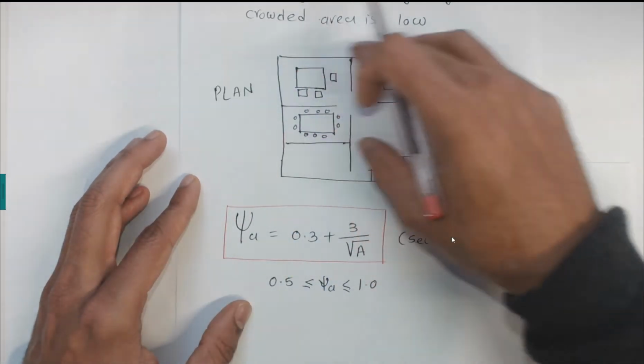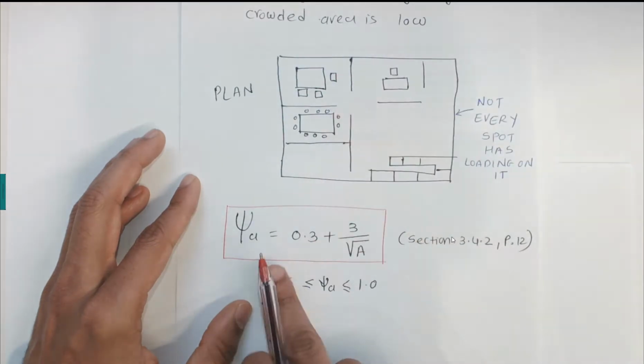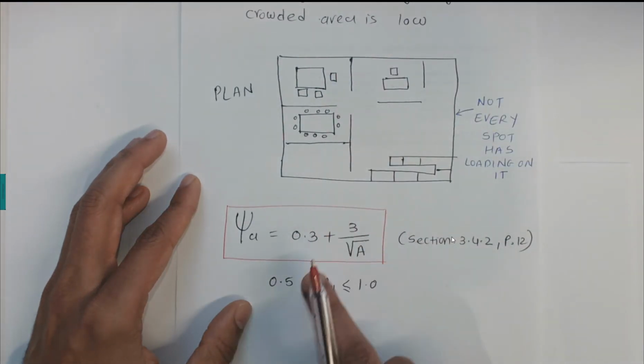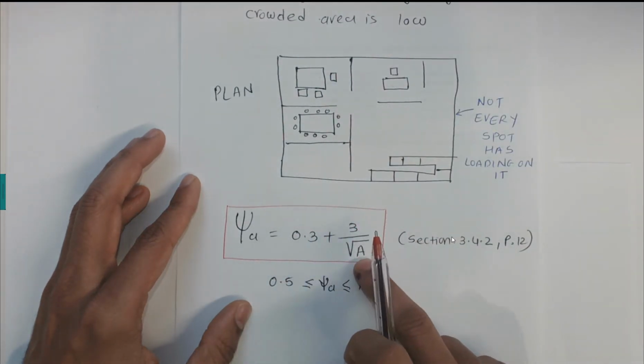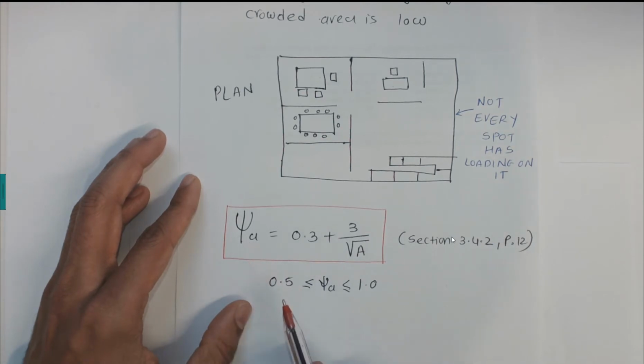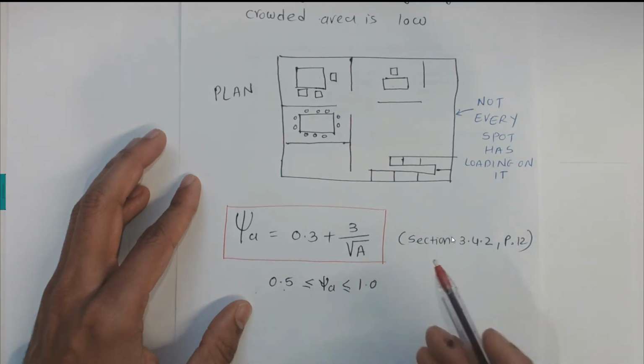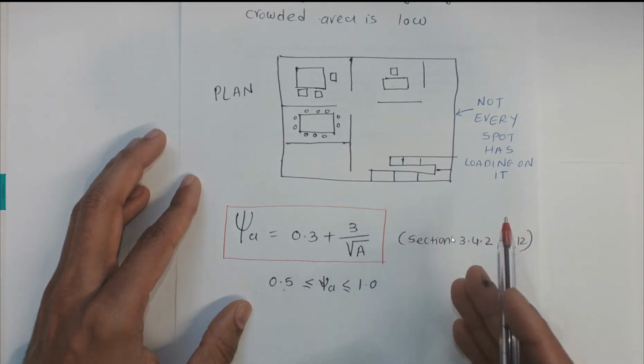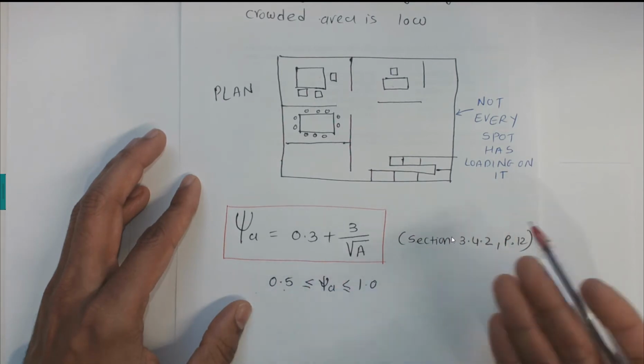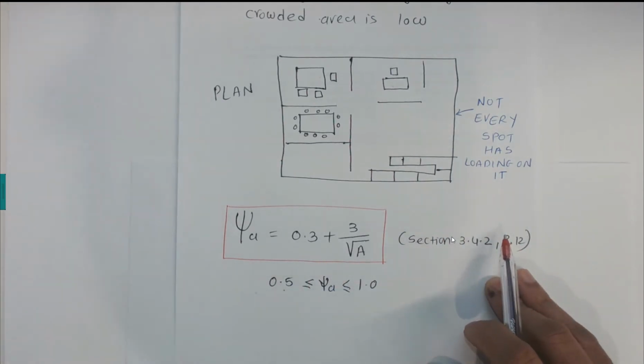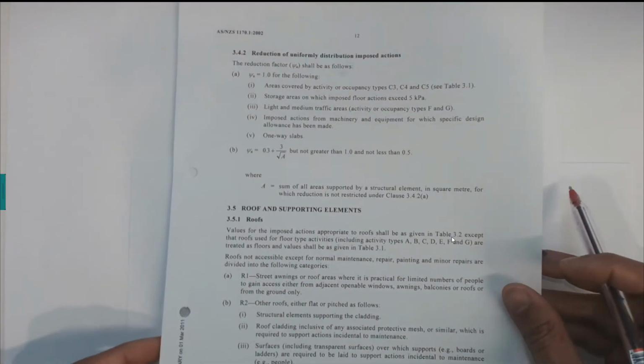The original live load we can reduce by using this reduction factor, which is 0.3 plus 3 on square root A. Now this reduction factor should not be less than 0.5 and should not be greater than 1. It means that it can have a value of 0.6, 0.7, 0.8, 0.9 or 1 or 0.5, but not 0.4 or 1.1. Now I can show it in the Australian standard.